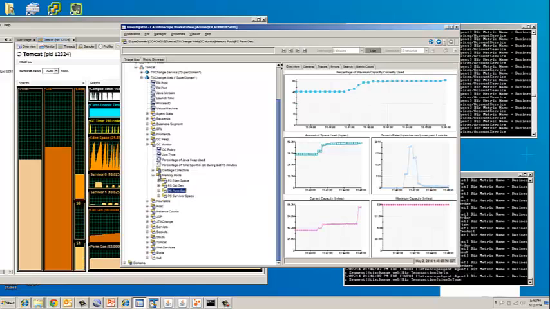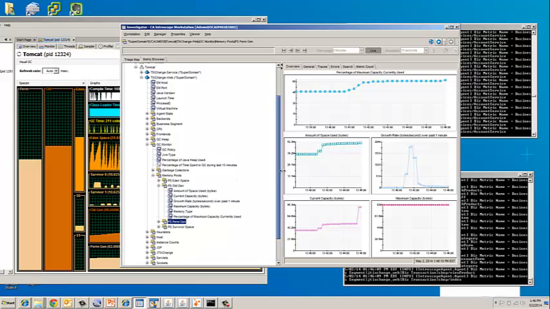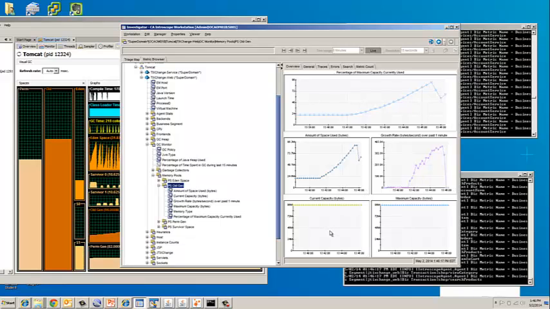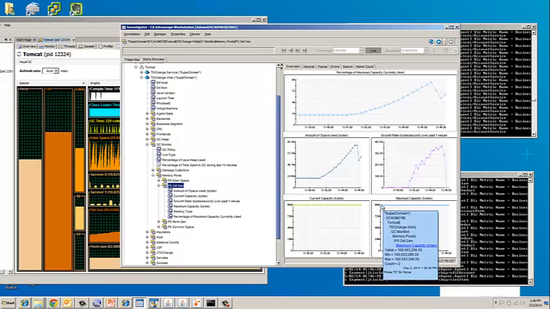Let's take a look at the old generation. So now we're going to open up the old generation. I suppose I can do this. This is better. From here, I can look again at my maximum capacity. Where's my maximum capacity in here? It's right here. It's about 96 megs.